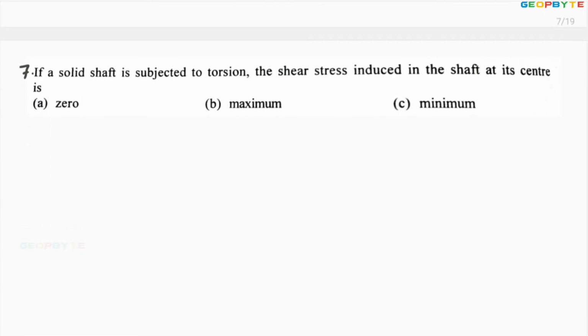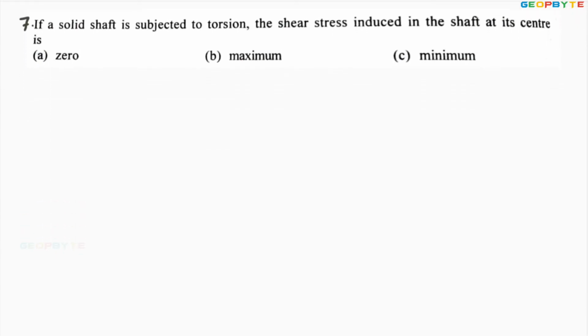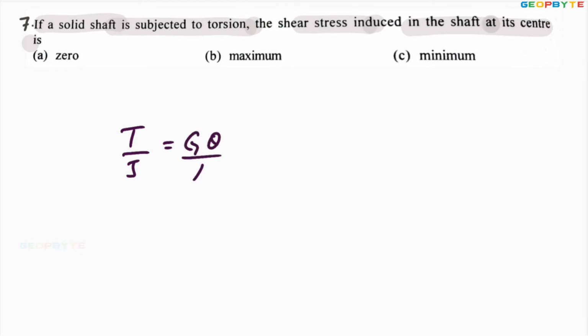Look at the next problem. If a solid shaft is subjected to torsion, the shear stress induced in the shaft at its center. The torsion equation is T by J equal to G theta by L equal to shear stress divided by radius.